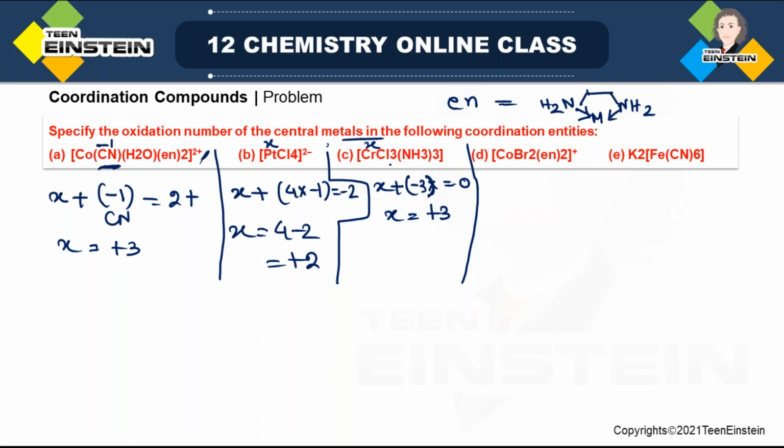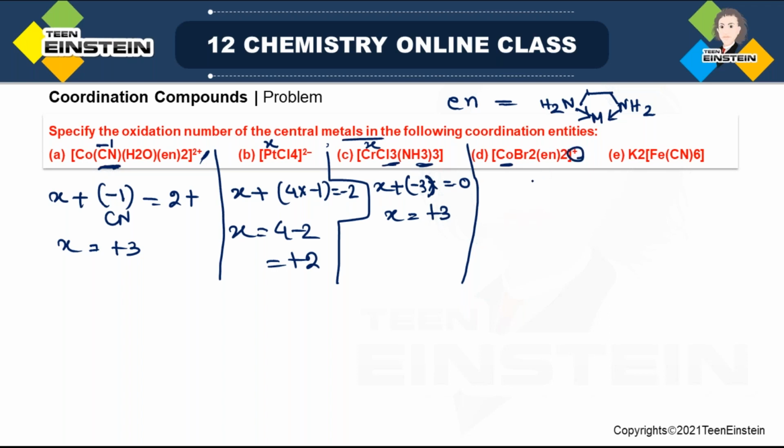Because see, just take the third example. Ammonia is neutral. Fine. 3Cl is there. Each is carrying -1 charge. That means total it is -3. So obviously the positive charge will be +3, which is the oxidation number for chromium. Okay. Then we have cobalt, 2 bromine and en, ethylenediamine again. Now it is X, but we will not do the calculation. Just try to see.